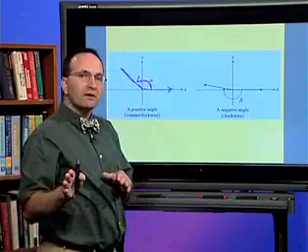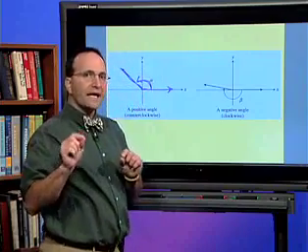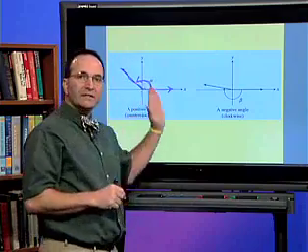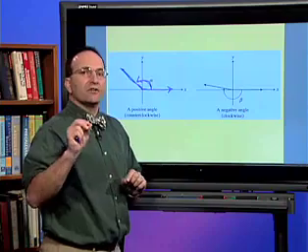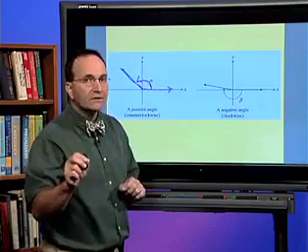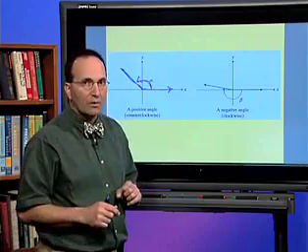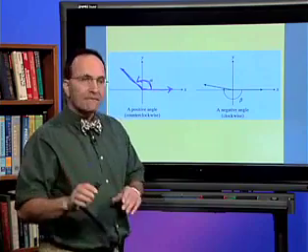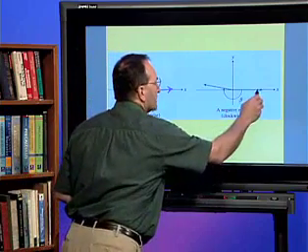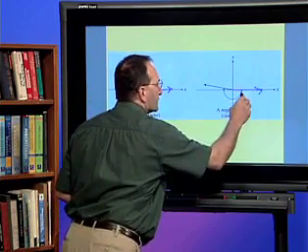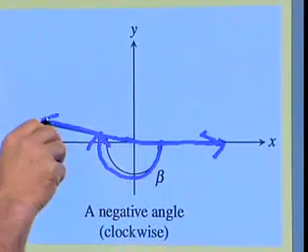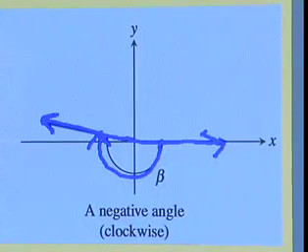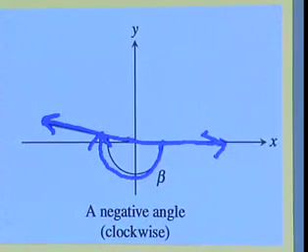The measure of the angle is the number of degrees that it turns through, and positive angles rotate counterclockwise. For negative angles, as this one is, here's my initial side, and now I'm rotating it this way over to here, and that's rotating clockwise for negative angles.